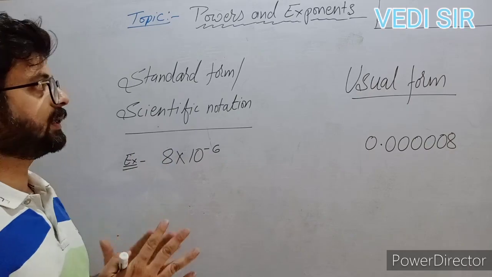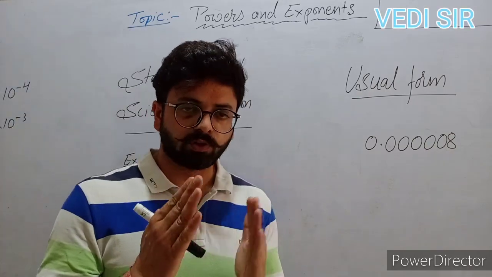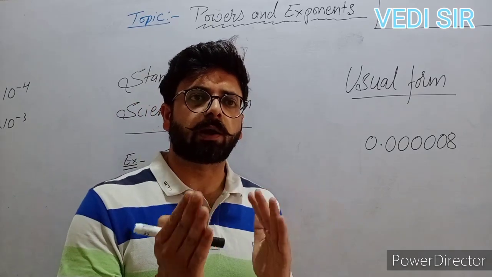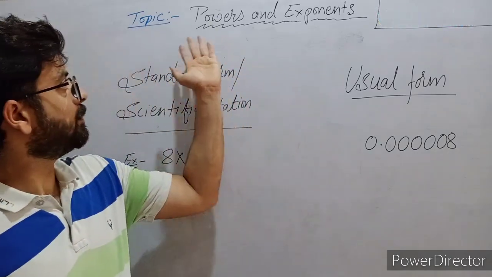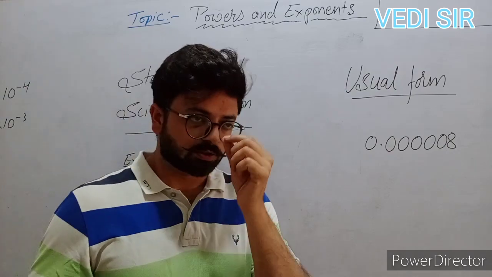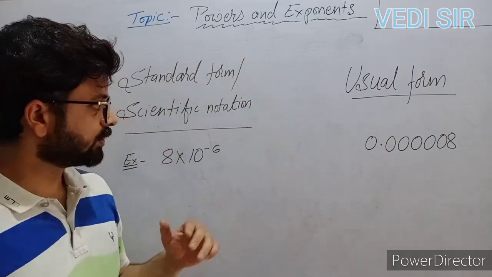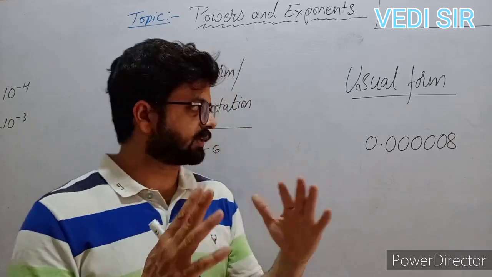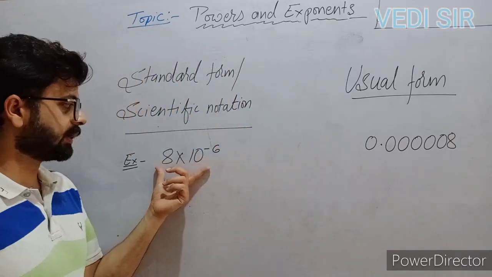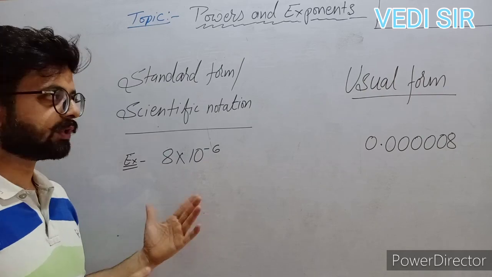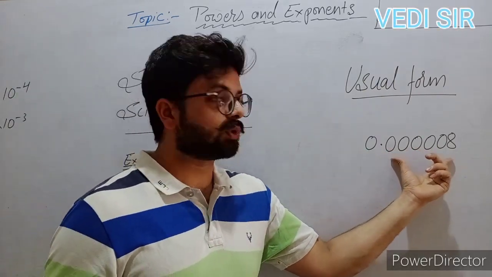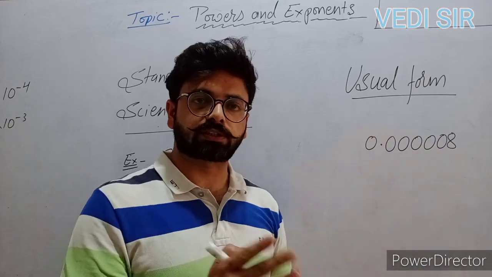So in this topic, these are applications of powers and exponents. Here you will face two types of questions: when the standard form is given and you have to convert it into usual form, and when the usual form is given and you have to convert it into standard form.